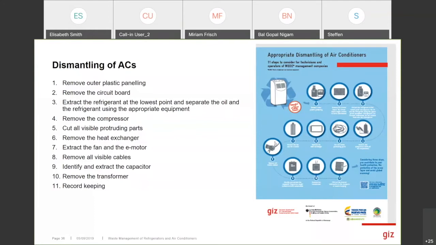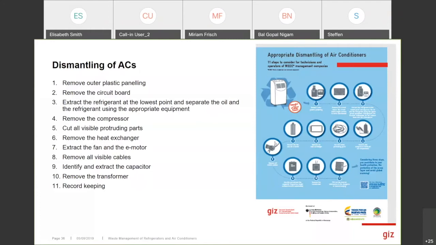At the lowest point means you have to place the equipment in a way that the compressor is facing downside, and the refrigerant and in specific the oil will accumulate at the compressor bottom, and then you can access the refrigerant and the lubricant.